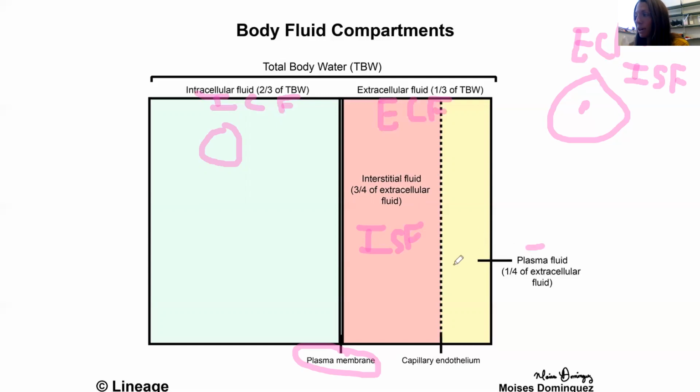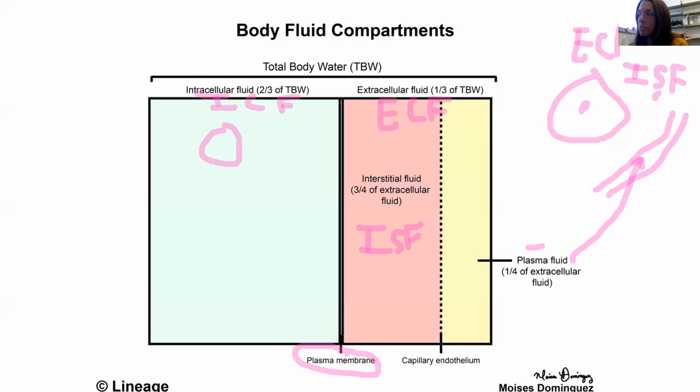So this is separated from the interstitial fluid via a capillary endothelium, which is actually made up of cells, but it is separating these two separate compartments. So if this is the ICF, then we've got this blood vessel going by. The plasma is going to be in there. So the ISF, the interstitial fluid, and the actual plasma is going to be separated by this lining right here, which is the capillary endothelium.